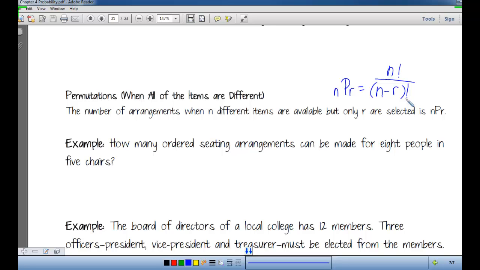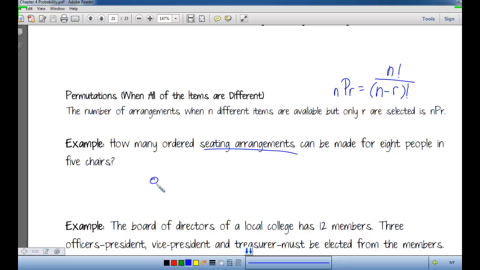So if you're having that dinner party and you've invited 8 people but you only have 5 chairs, we can't do factorial here. We're not using all of the people. We can only choose to let 5 of them sit down at a time. So we would do a permutation, and since we're talking about seating arrangements, the order does matter.